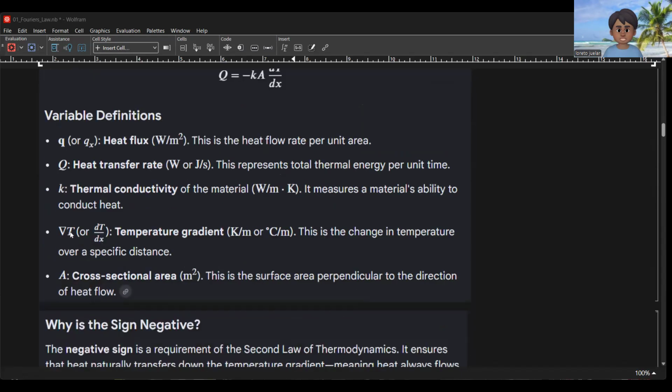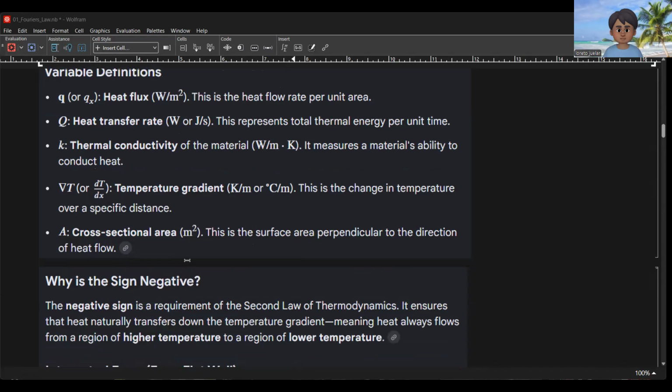Then we have del T, or the derivative of the change of the absolute temperature with respect to x. So this is the temperature gradient, in Kelvin per meter or degrees Celsius per meter. This is the change in temperature over a specific distance. Then we have the cross-sectional area, in meters squared.